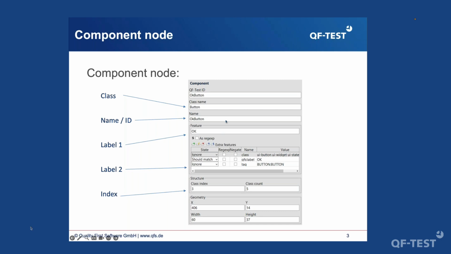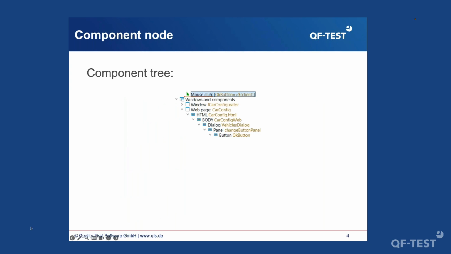So you always need to try to find some name, feature, or unique parameters to find the components. Then we have this additional QF-Test ID up here, which is just an auto-generated ID. This one is used for referencing the component in the actual actions. We can see here our hierarchy in the application, like some windows and components, for example a web page with a dialog in it.